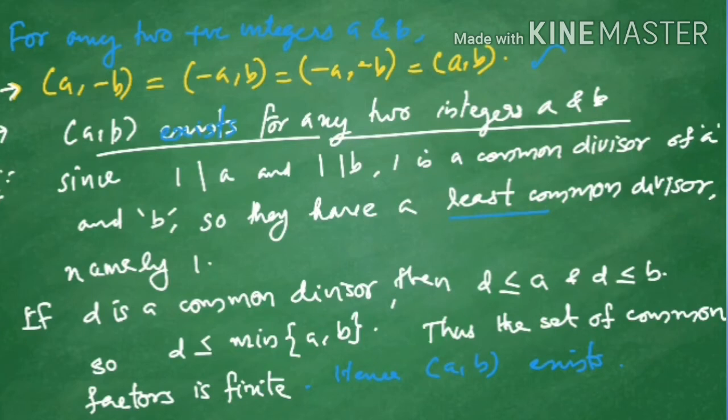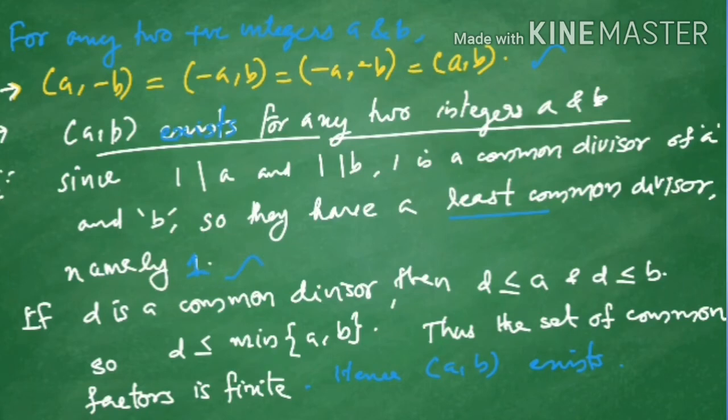Can any number less than 1 be a GCD? No, because by definition GCD is always positive, and the least positive number is 1. So 1 is always a common divisor, and it is the least common divisor for any number of numbers.